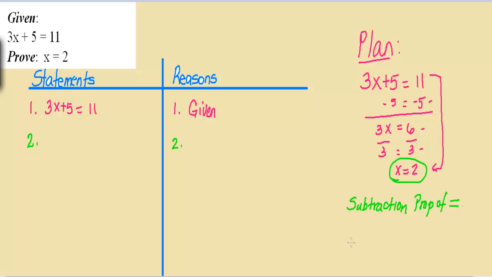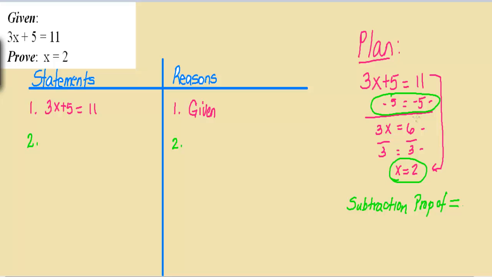Notice what it says: if you subtract the same number. So before I subtract, I first have to state that these two numbers are the same number. I have to state that 5 is equal to 5. And that might seem a bit trivial to you, and in a lot of books, this step is skipped.